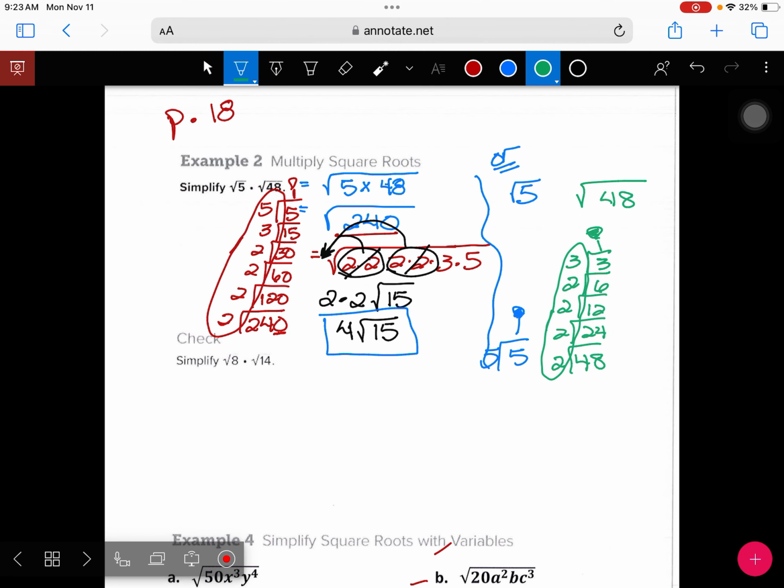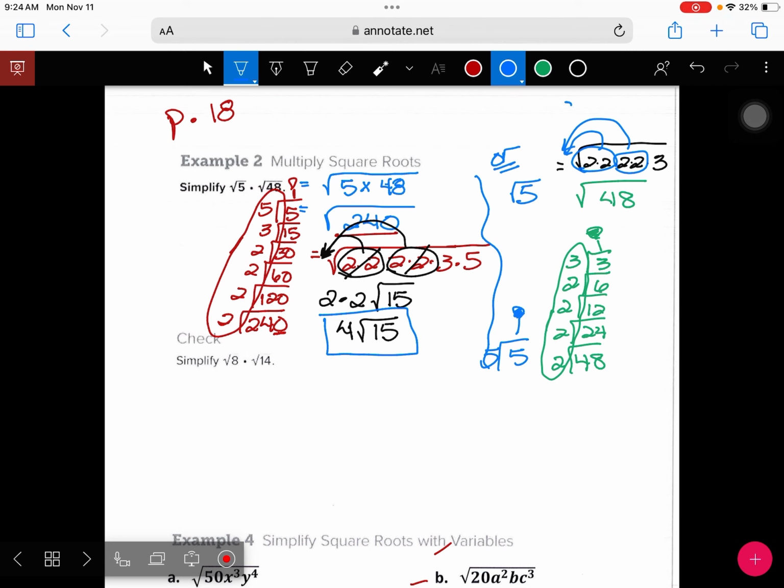I'll put it above. So that is 4 2's, 2 times 2 times 2 times 2 times a 3. So looking at these pairs, circle your pairs, but only one number comes out because you're finding the square root of those 2 pairs.